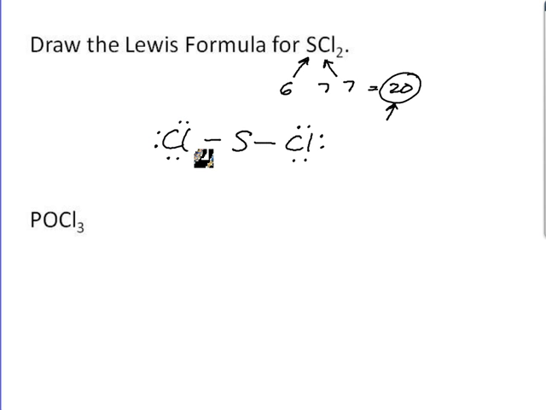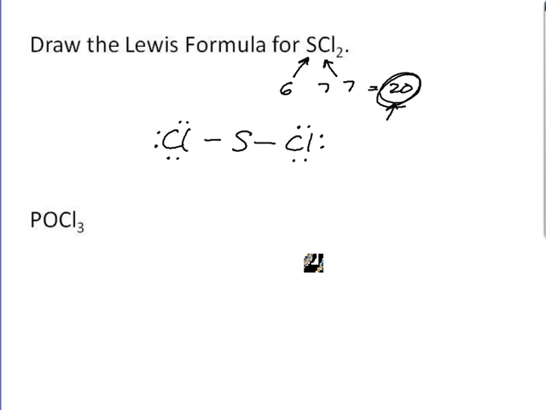It's already got 2 from the bond, so let's distribute 3 pairs of electrons. Each of those chlorines now has its octet. Sometimes it's a good idea just to stop after each step and check how many electrons you have. In this case, let's see, we have 2, 4, 6, 8, 10, 12, 14, 16. And remember, we're shooting for 20 valence electrons, so we still have 4 more we need to account for.